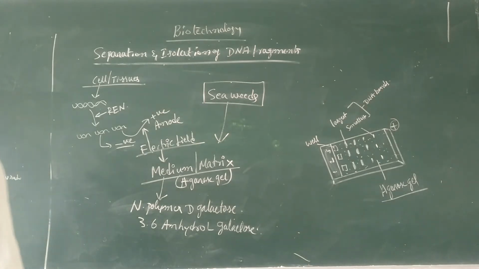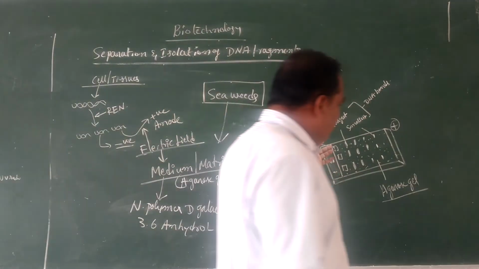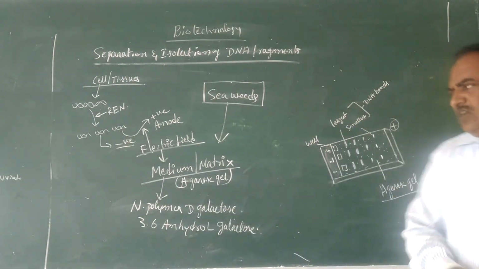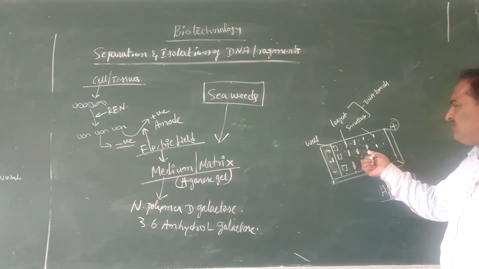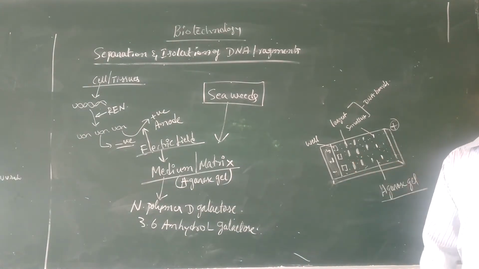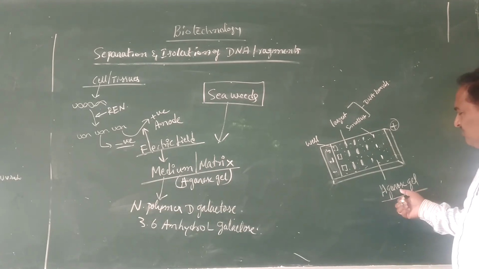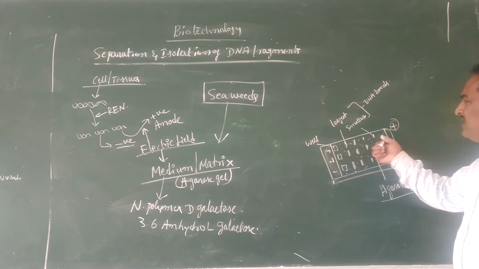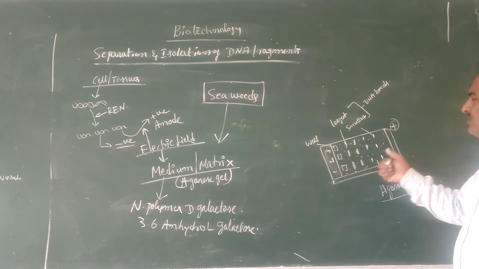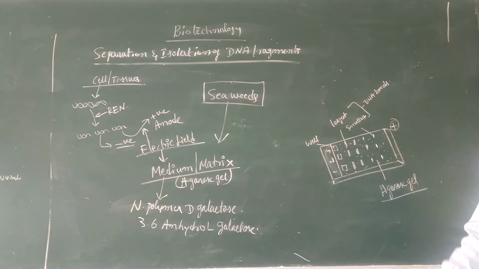The DNA fragments are separated on a gel plate because of the sieving property of agarose. Because of that property, the DNA fragments are separated based on length.